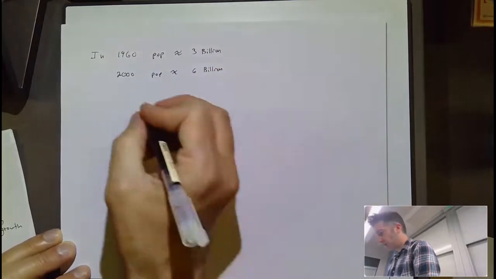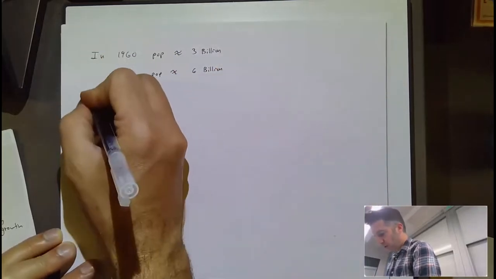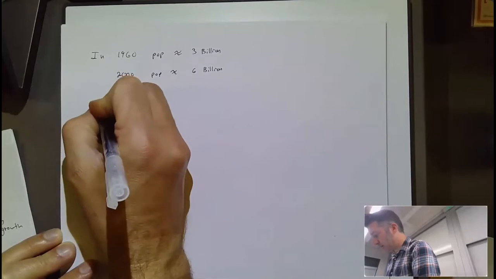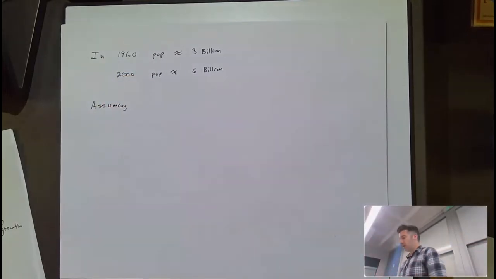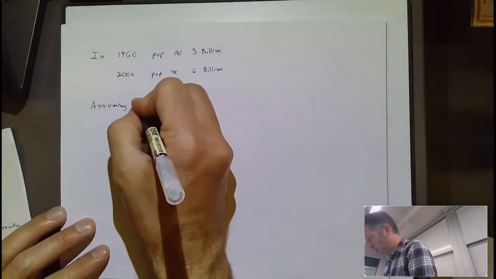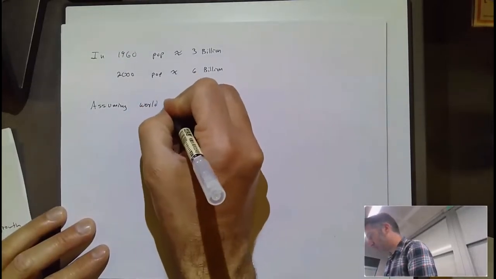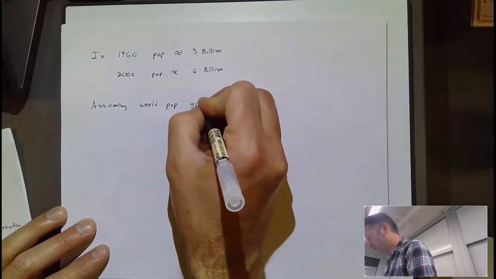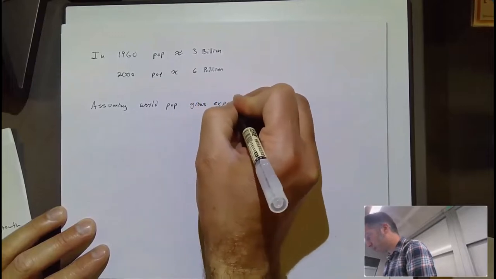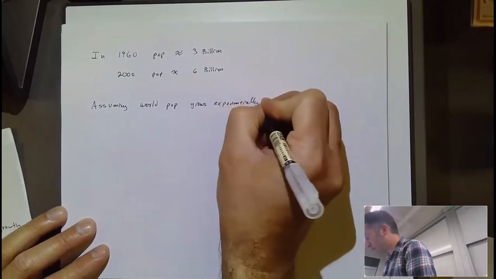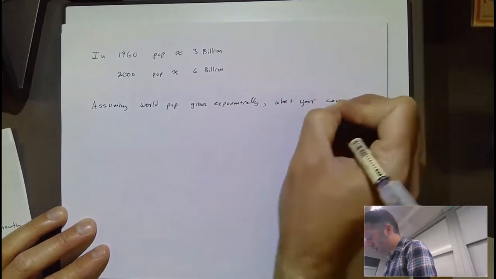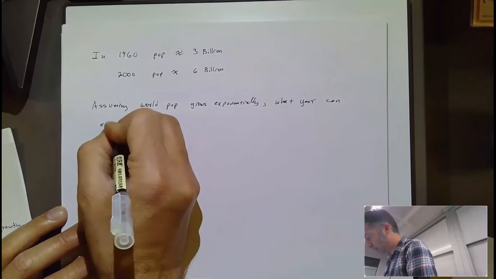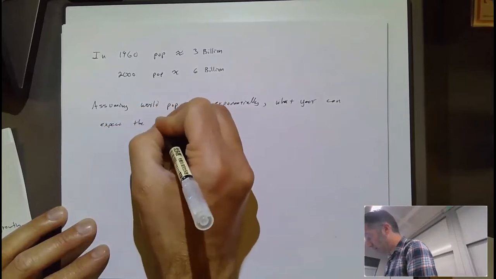And the question we're going to try and answer is, assuming, and this is a big assumption, but it's the assumption we often make, assuming that the world population grows exponentially, what year can we expect the population to hit 9 billion?